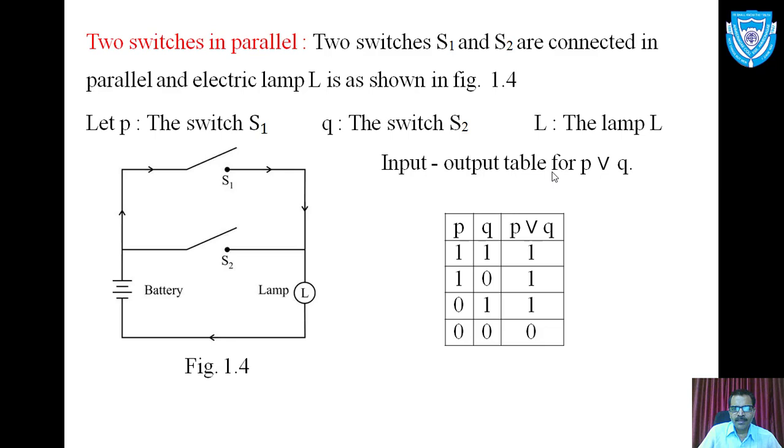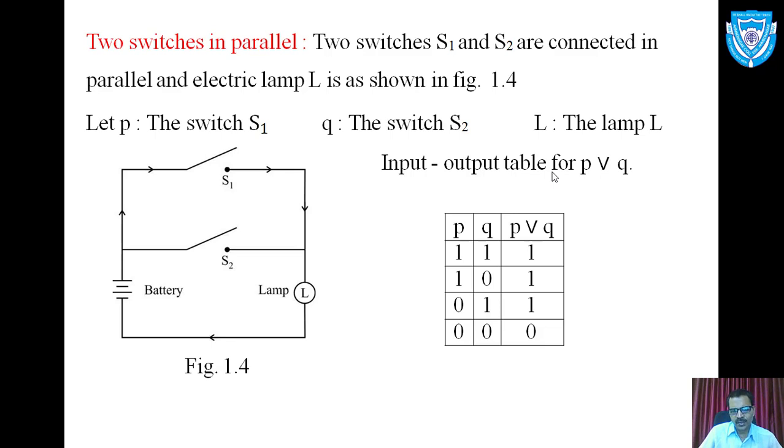Third row: P has truth value 0, Q has truth value 1. So S1 is in the off state, S2 is in the on state. Again the current reaches from the battery to the lamp, and lamp L glows. So the truth value of P or Q, and of the statement L, is 1.